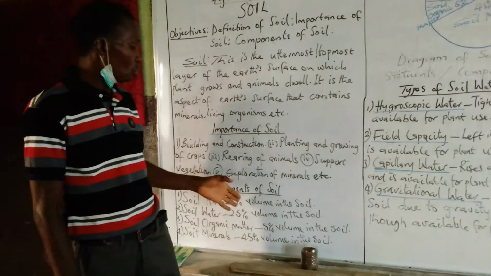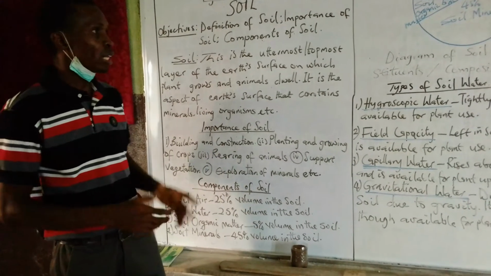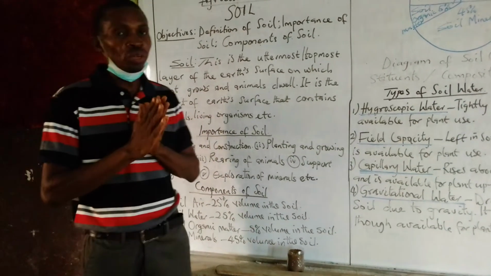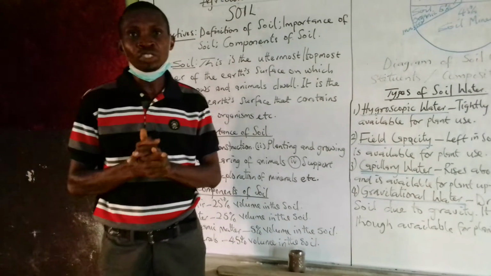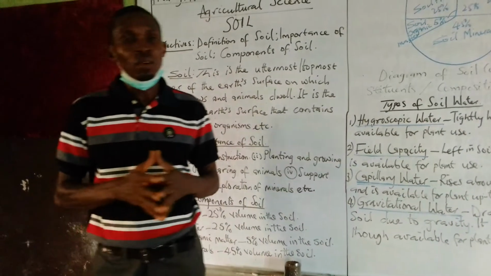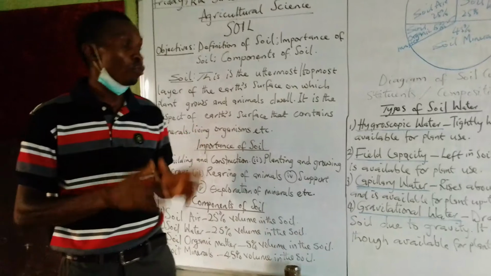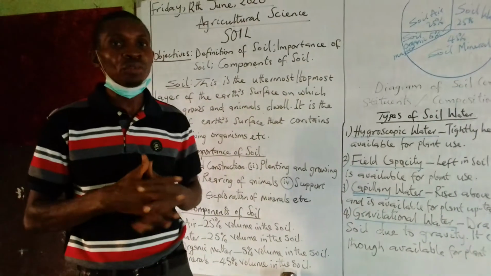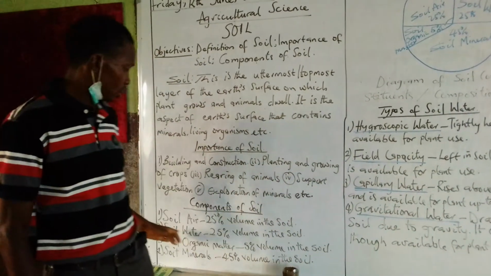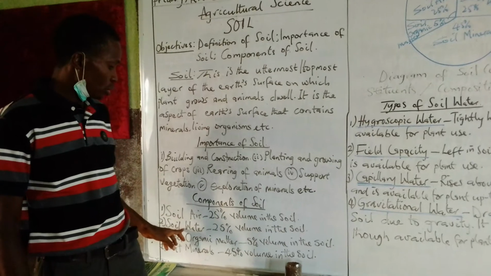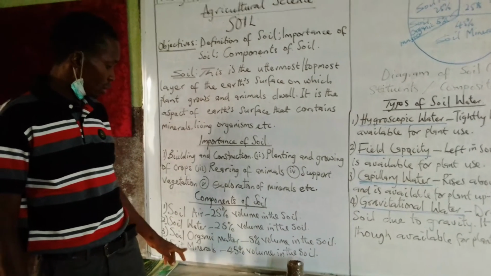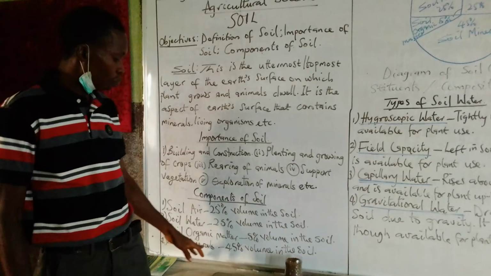Now we want to talk about the components of soil. This can also be referred to as the constituents or composition of soil. We have four major components of soil: the soil air, the soil water, the soil organic matter, and what? The soil minerals.